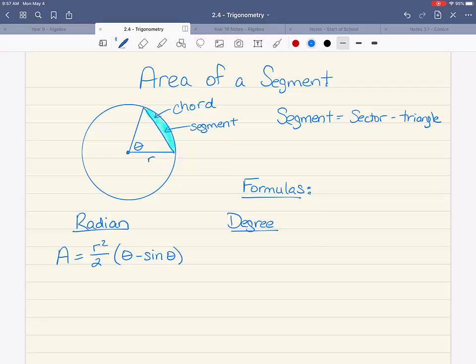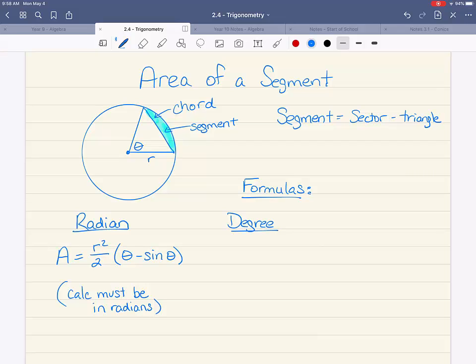And in this case, the theta has to be in radians, and your calculator must be in radians. And I will show you on both the Desmos and our scientific calculators that we have at school how to change your calculator to radians. If you have a different calculator other than the two that I'm going to show you, send me a picture of it and I'll see if I can research how to do it, or you can actually Google it and find out how to change from degrees to radians.